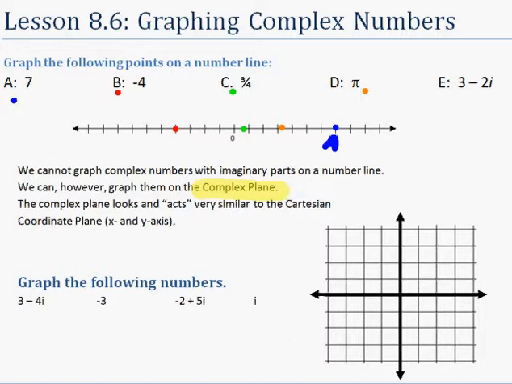And we can put complex numbers on there. I should remind you that the numbers up here that we mentioned before, 7, -4, 3/4, and pi, are still complex numbers. They're just in a smaller subgroup, the set of real numbers. So they are complex numbers, and they can be graphed on a complex plane also.